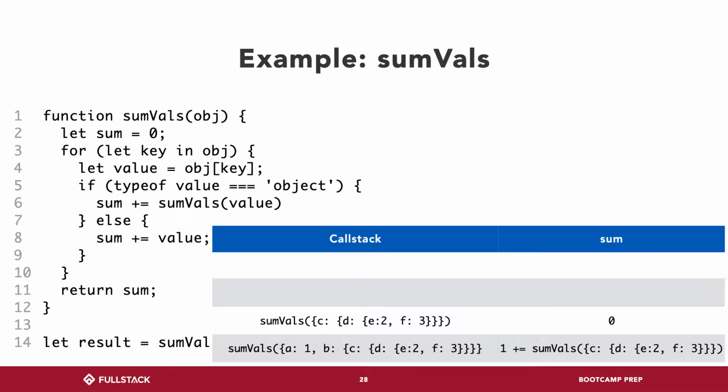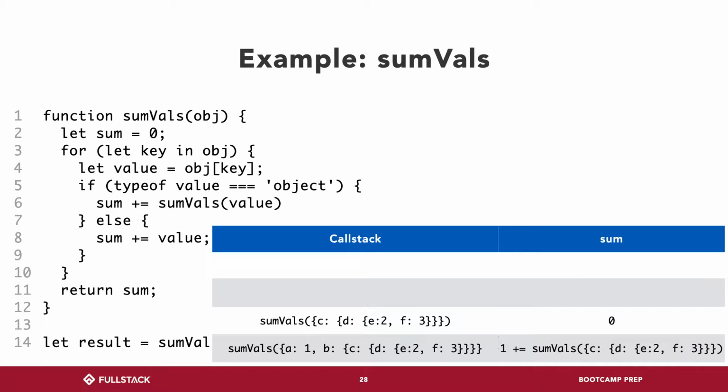And the sum is 0 when that's run again. Okay? Do you see how here 1 is plus equals to sumVowels of this object with C, D, E, and F in it? So that is thrown on the call stack. This pauses. This runs now.